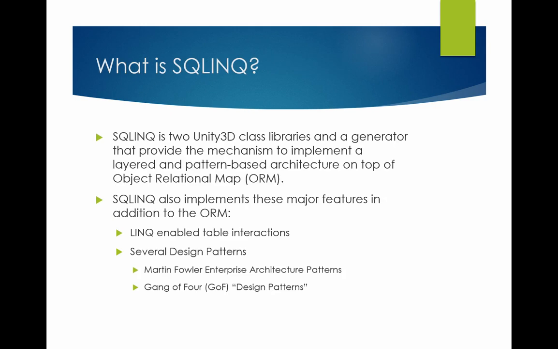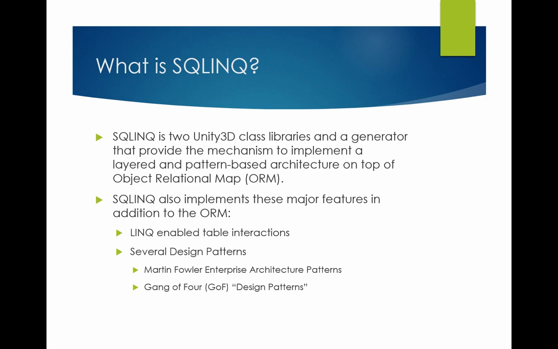So what is SQLINQ? Well, it's basically two Unity 3D class libraries and a generator that provides a mechanism to implement a layered and pattern-based architecture on top of an object relational map. So an object relational map is basically a platform to allow you to represent your objects in code and then turn around and say, I want to save that object away in the database.